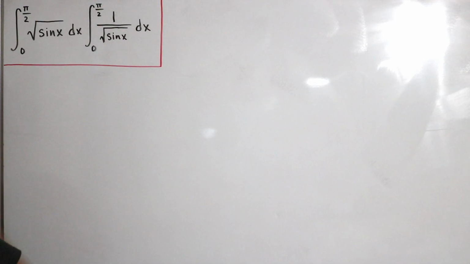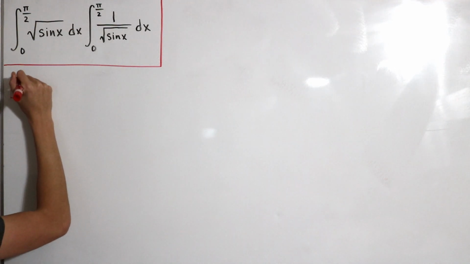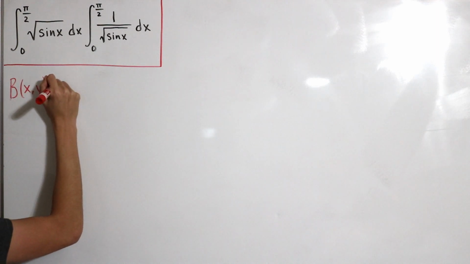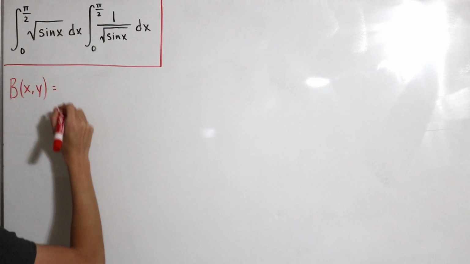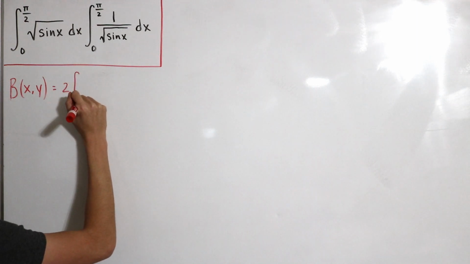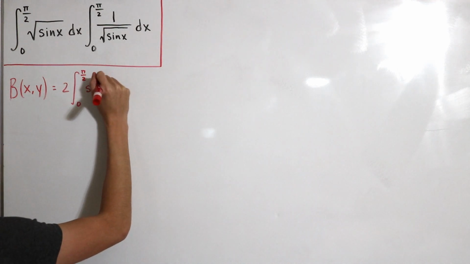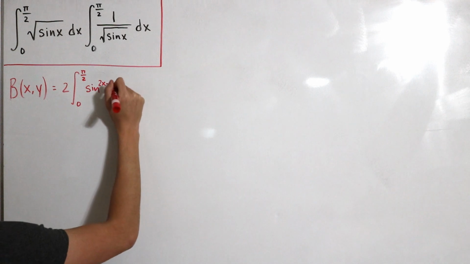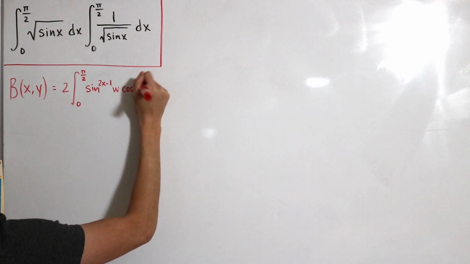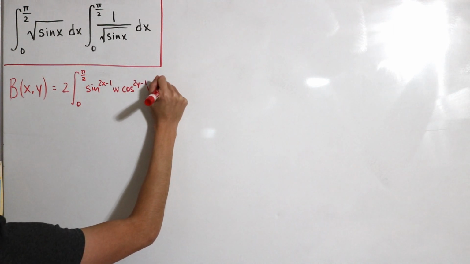Okay, so here we have our following two functions. The first one is the beta function of our two inputs x and y. We can write this in terms of a sine-cosine integral representation, which is written as 2 times the integral from 0 to pi over 2 of sine to the power 2x minus 1 of w, where I'll just call this input w, multiplied by cosine to the power 2y minus 1 of w, dw.